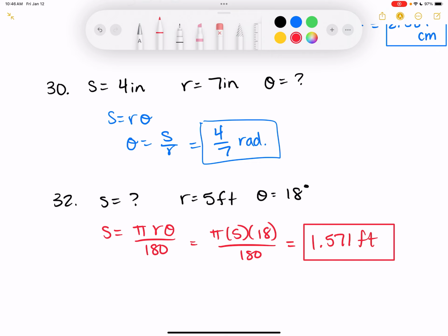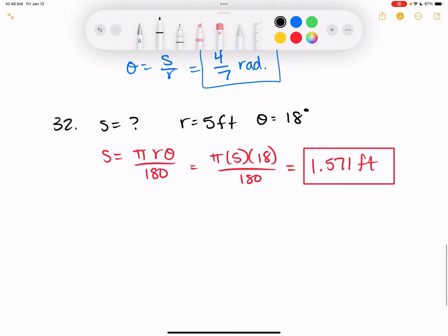Let's look at a couple of word problem type things. Just an example.